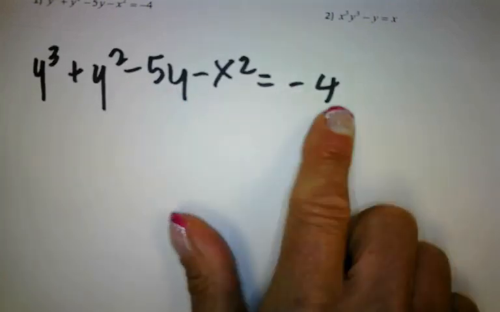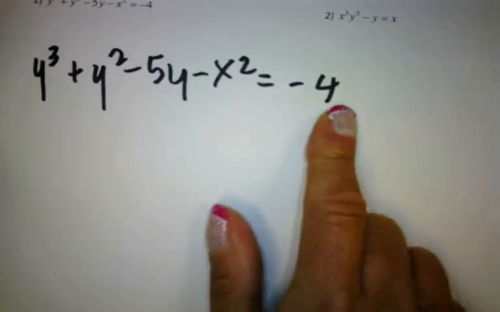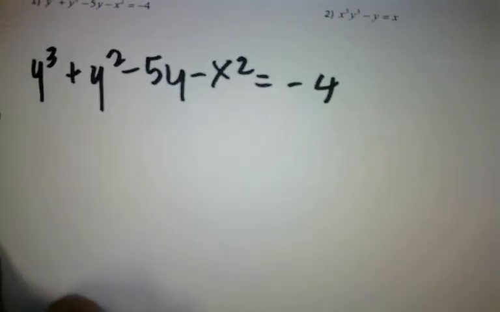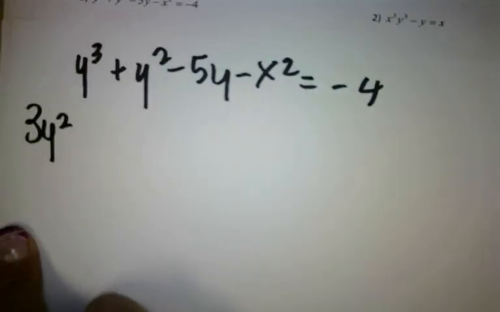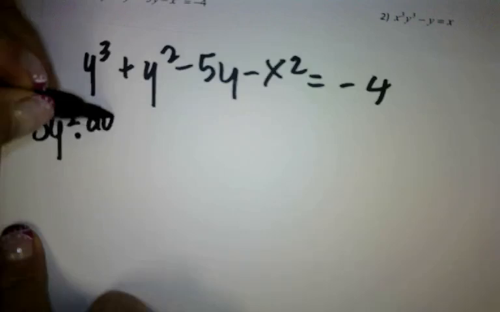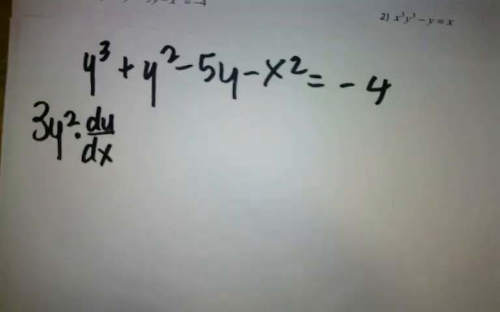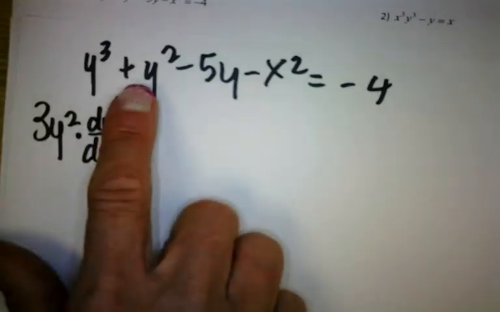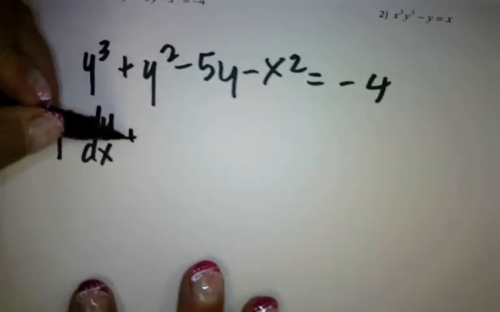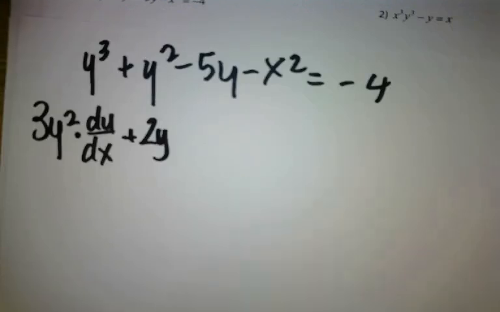The derivative of y cubed is 3y squared times dy over dx, or just y prime is fine. And then the next term, the derivative of y squared is 2y, but since I took a derivative of a y part, I multiply it by dy over dx.